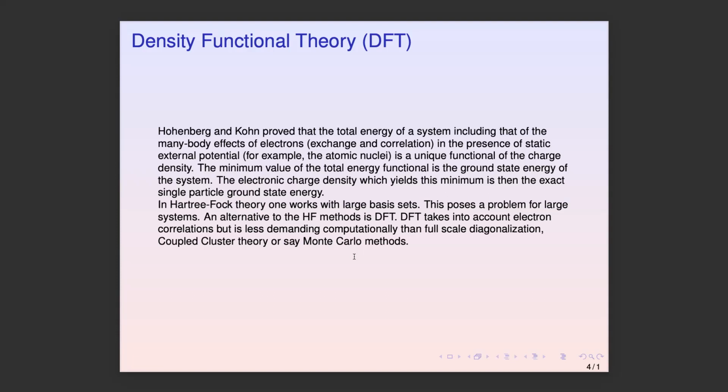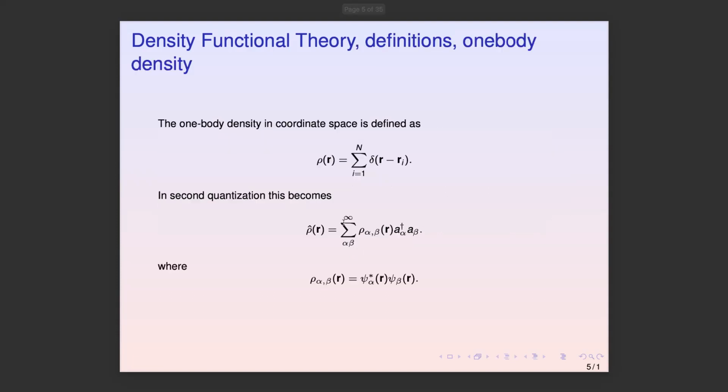And then the density, the charge density of the system. So let me bring up some of these quantities. You may have seen them. A quantity which is called the one-body density is defined in the coordinate space in this way here. You may have seen that one.